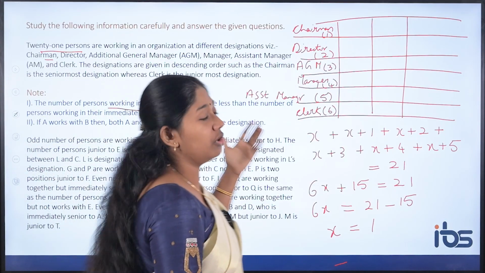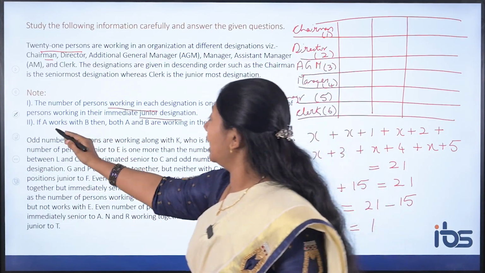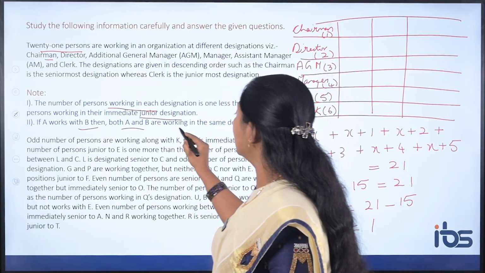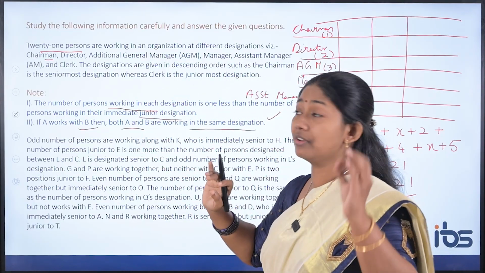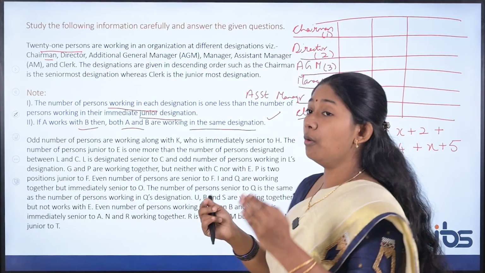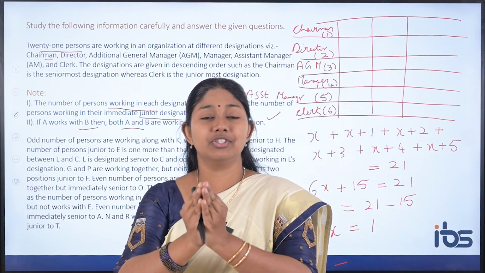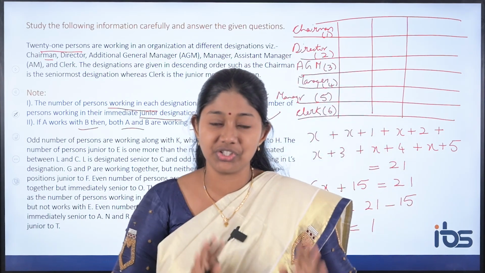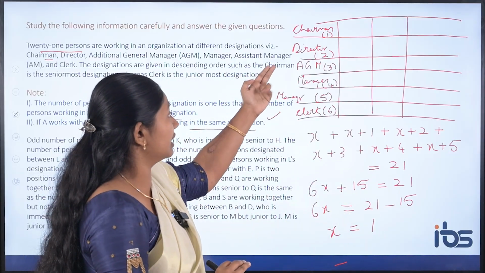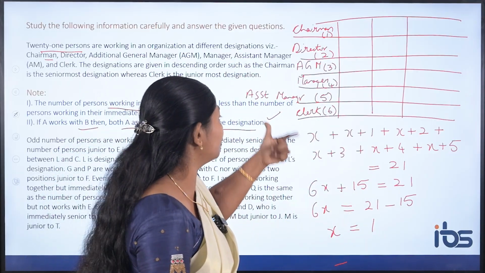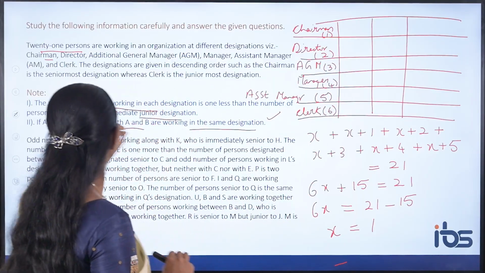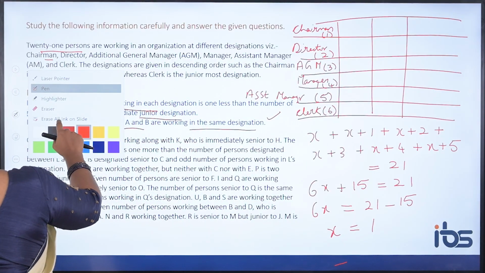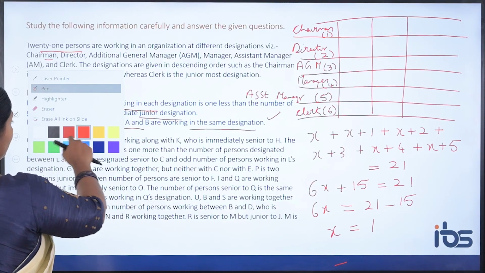And you can see one more line in the note, that if A works with B, then both are working in the same designation. So from these 2 note points, I have clearly got how many persons are designated to each designation: chairman only 1, director 2, AGM 3, manager 4, assistant manager 5 and clerk 6. So a bit of the puzzle has been solved. Now we have to designate all these persons.